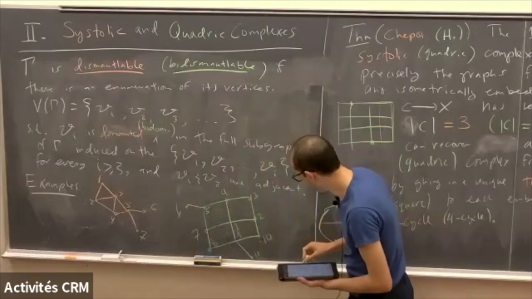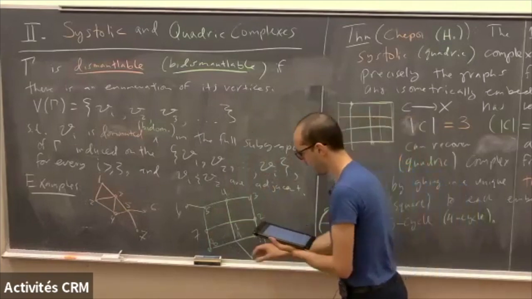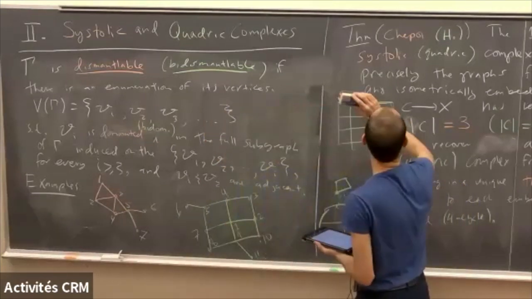And 11 is dominated by 8, 1, and 10. Okay, so that's a dismantling order.